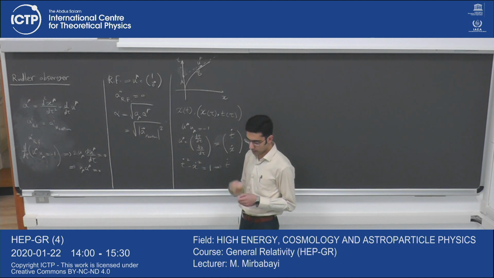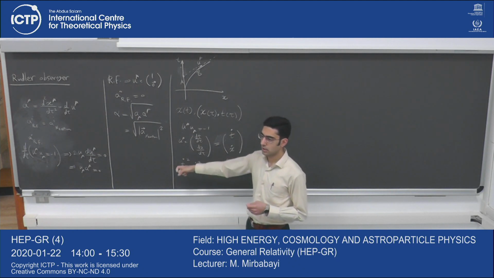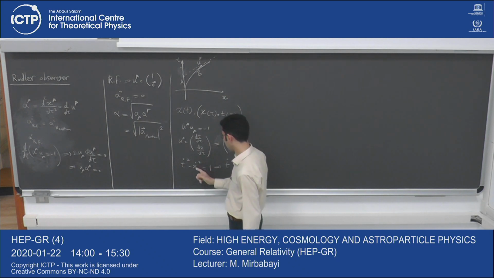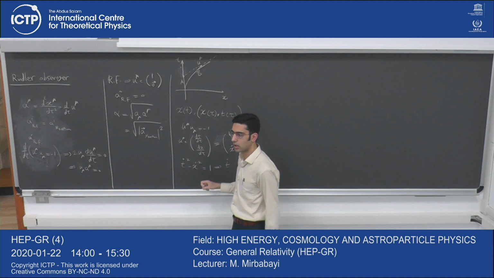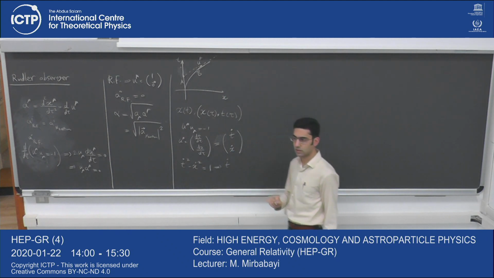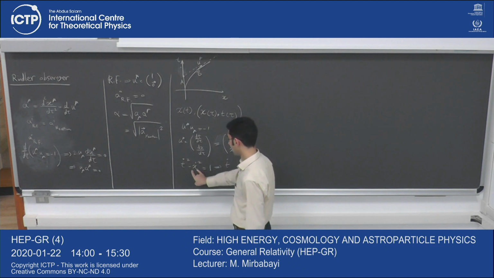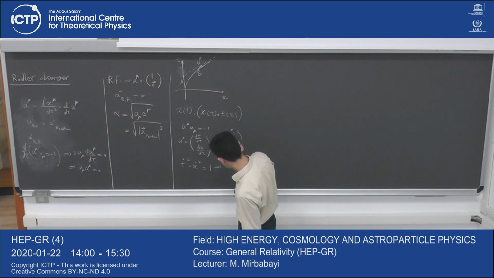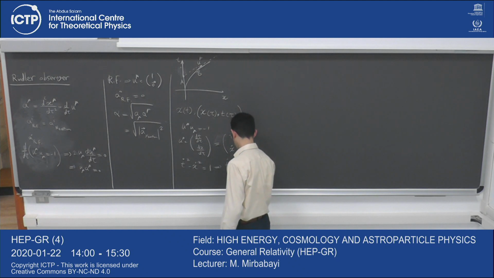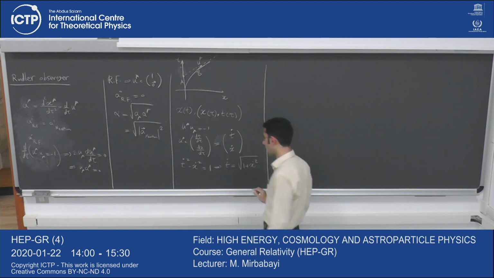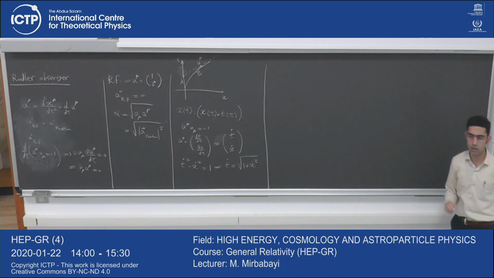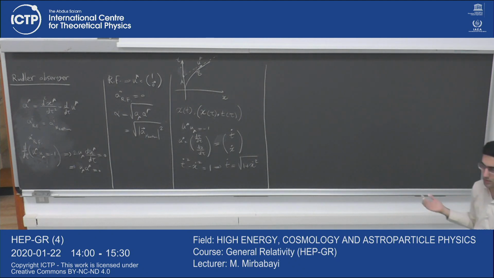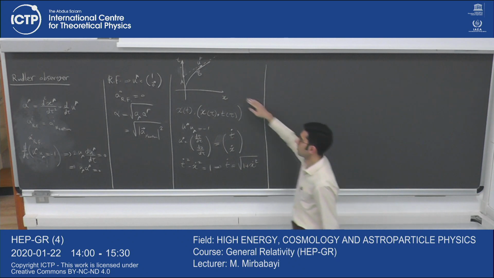So if you give me the velocity as a function of the proper time, by velocity I mean dx by d tau, then this equation tells me what should be dt by d tau. So this tells me t dot is equal to the square root of 1 plus x dot squared. So far I haven't used the fact that this is an accelerating observer. I just used the fact that this is a physical observer, a time-like world line.